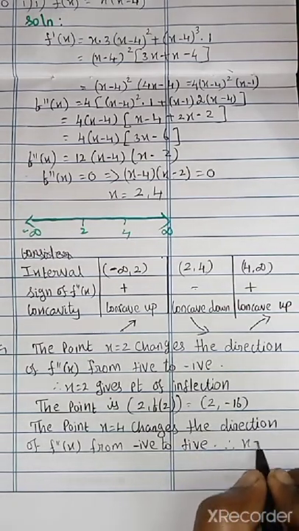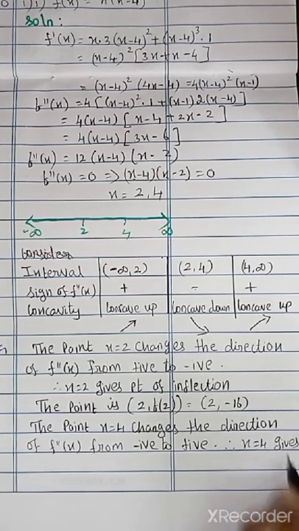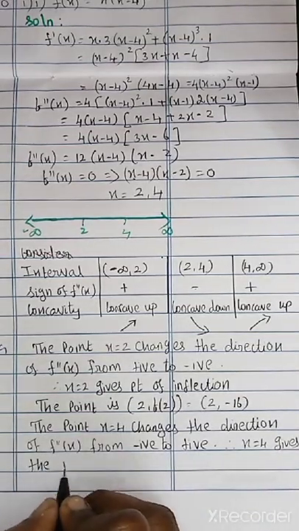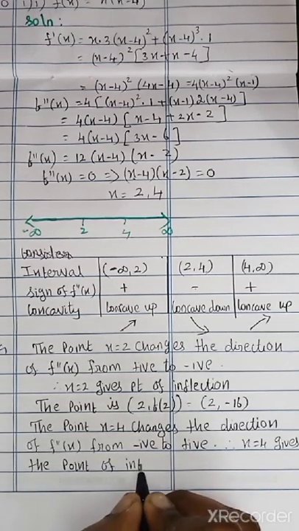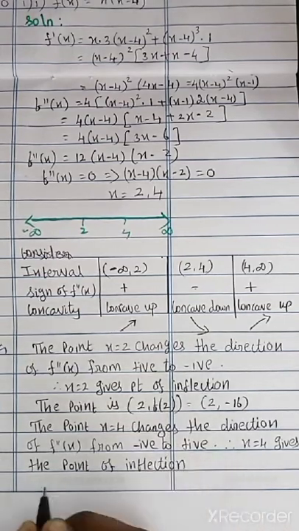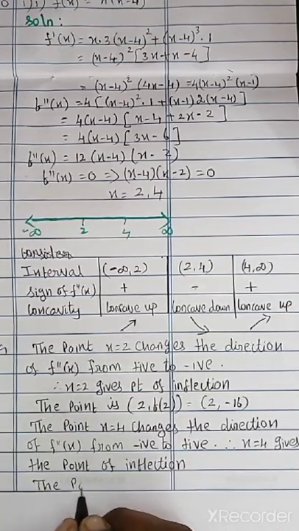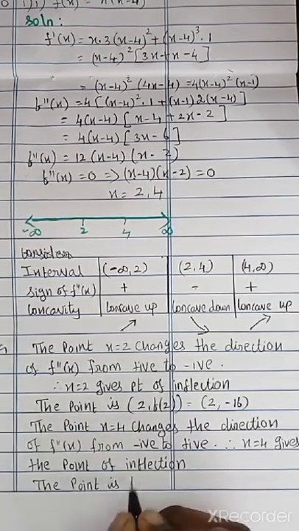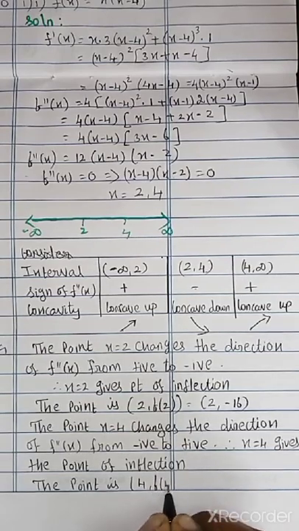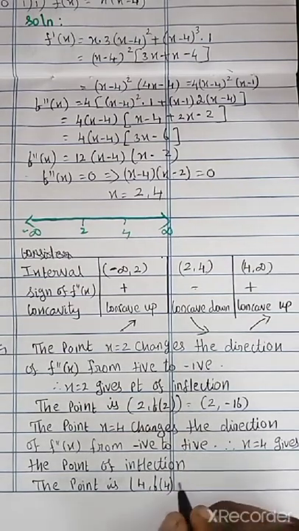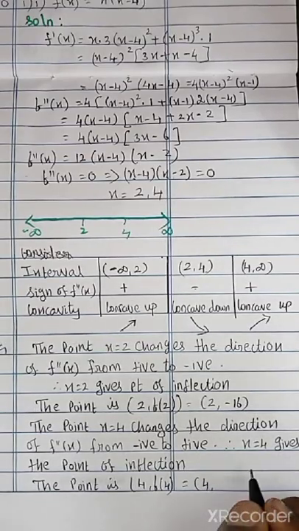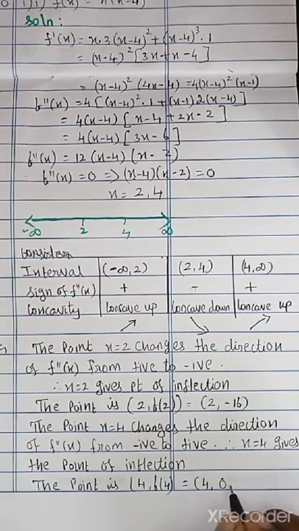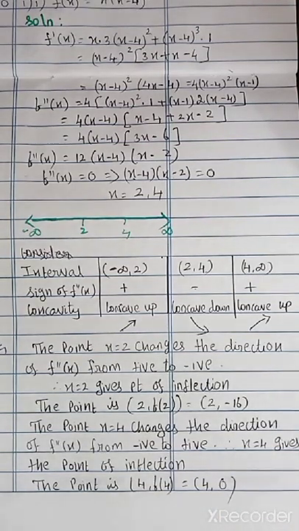Therefore, x equal to 4 gives the point of inflection. The point is 4 comma f of 4. Correct? If we substitute 4 in our question, 4 minus 4 is 0. Anyhow, the whole value is 0. So 4 comma 0 is the other point of inflection.